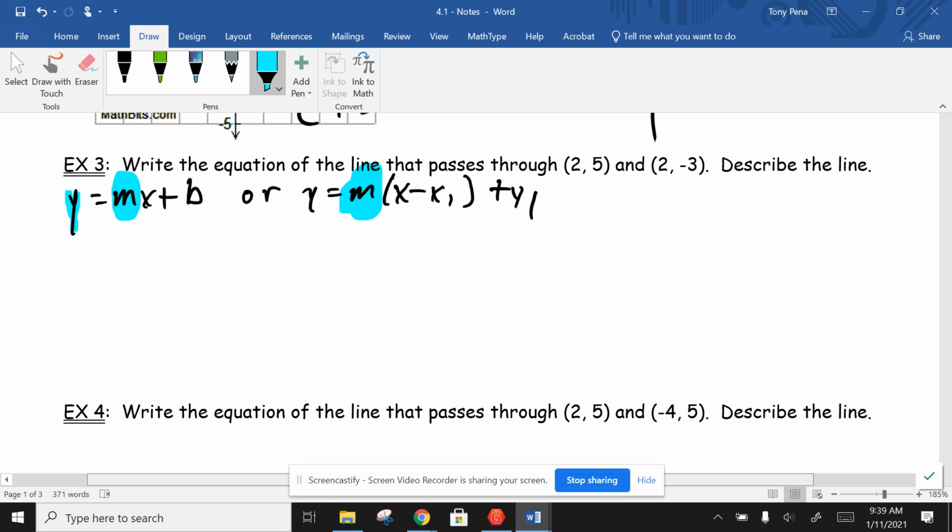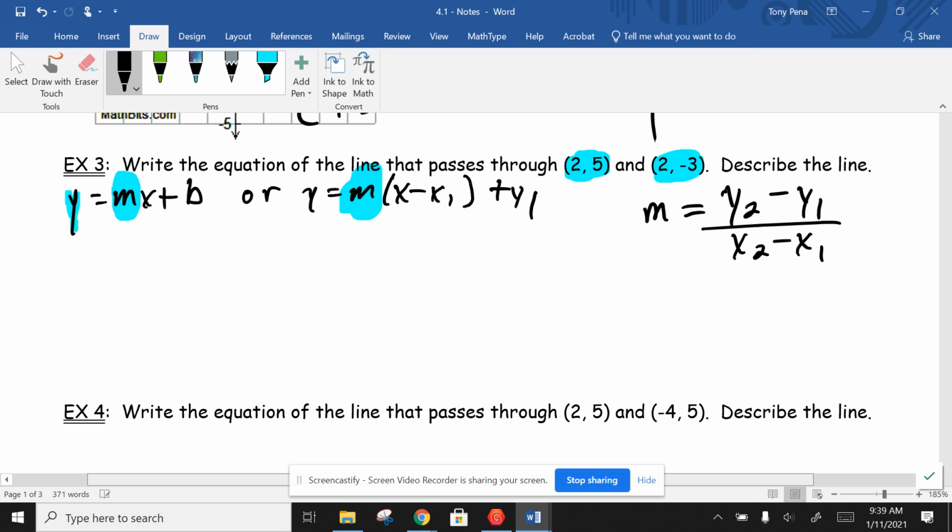You're not given the slope. In the previous problems, I gave you the slope, or we looked at the line and we counted out the slope. What we're given now here are 2 points. So this requires us to recall the slope formula. The slope formula is this: the difference in our y values divided by the difference in our x values. That's how we find our slope given 2 points.